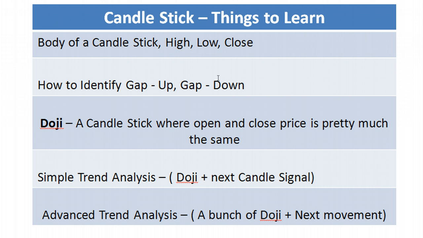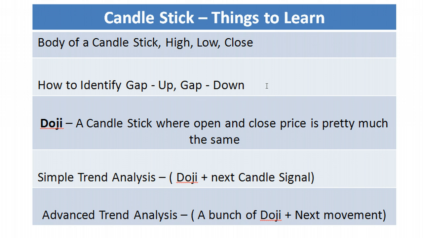To understand that, when you watch two nearby candles, you can understand whether it is a gap up or gap down. So I'll also show you graphically how you can figure that out.